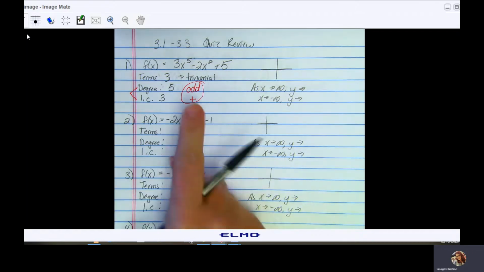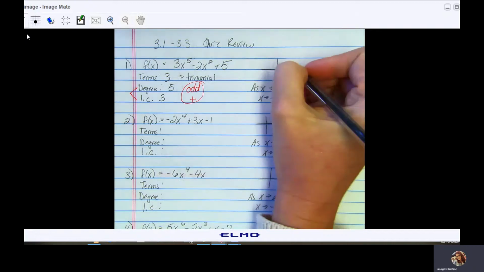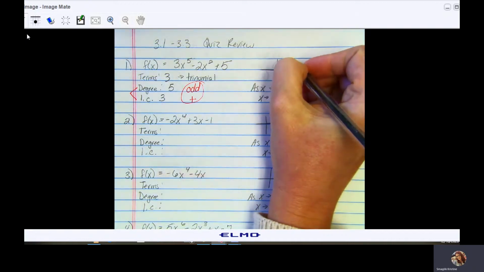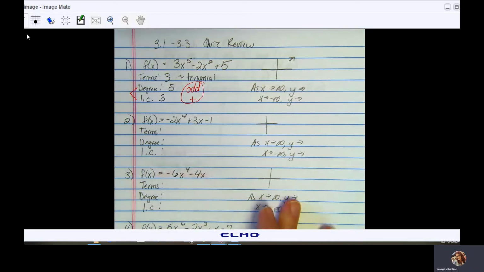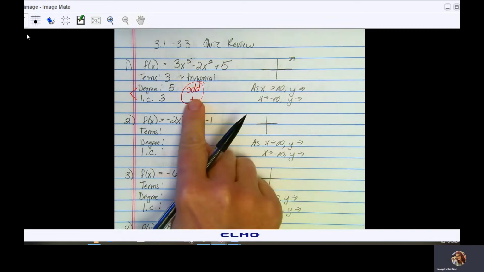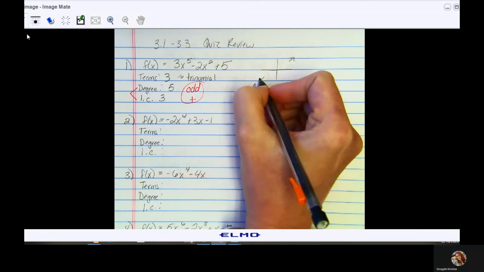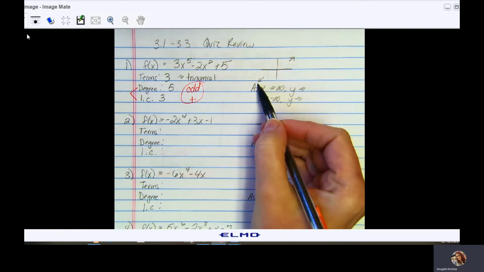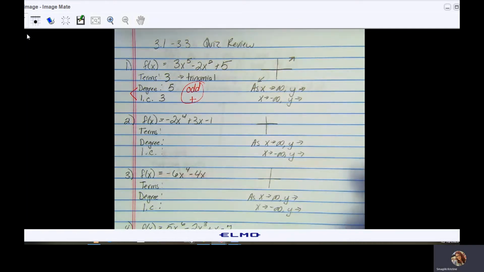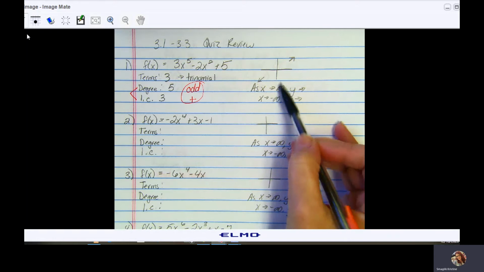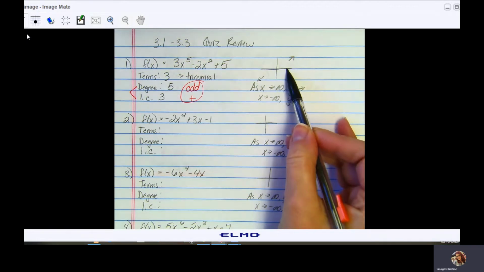Now, whenever you have a positive function, you're going to have one part of your graph going up and to the right. If it is odd, your end behavior always goes in opposite directions. So it would be going down and to the left. Now, as x approaches positive infinity, so as my x values are getting bigger, what's happening to my y values?